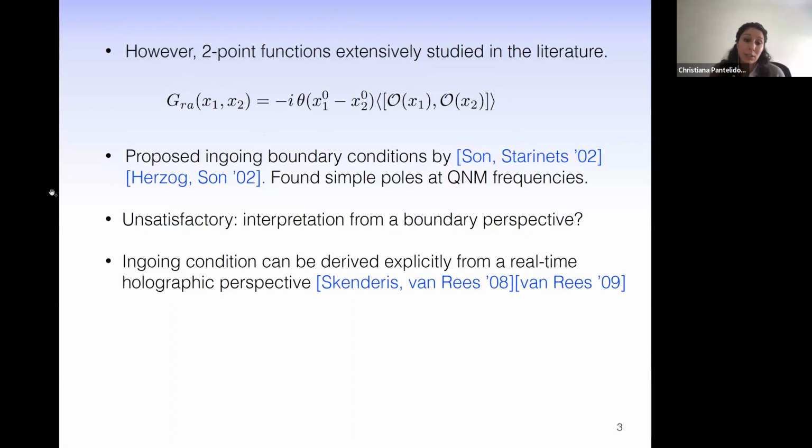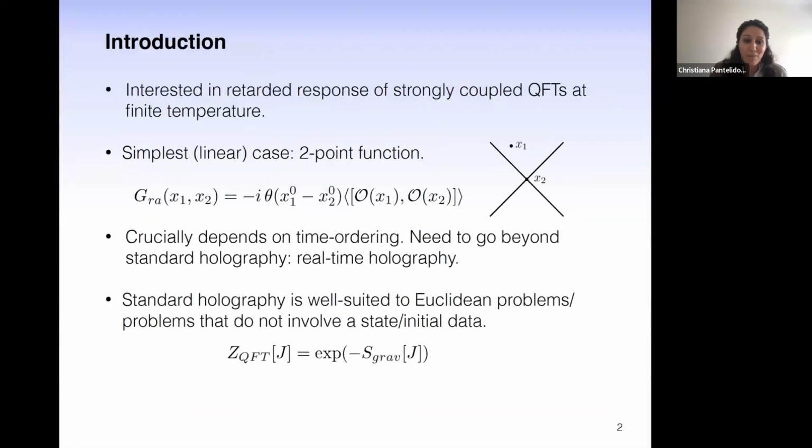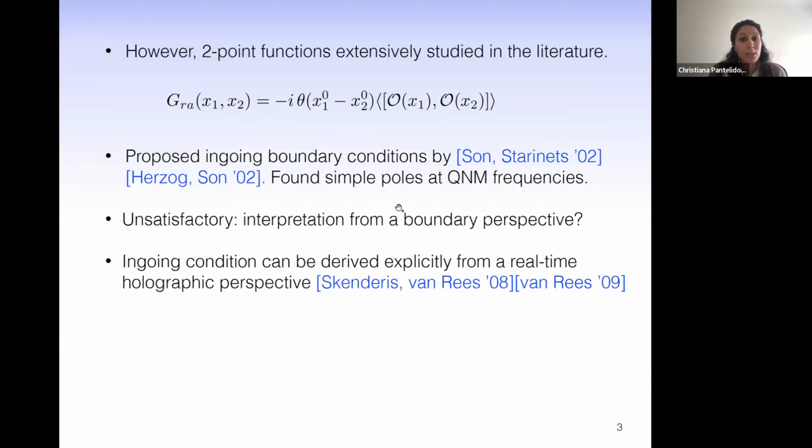And essentially what they proposed is that on top of this standard holographic statement, we also need to impose ingoing boundary conditions at the horizon of the black hole, which has the temperature of the quantum field theory that we're interested in.